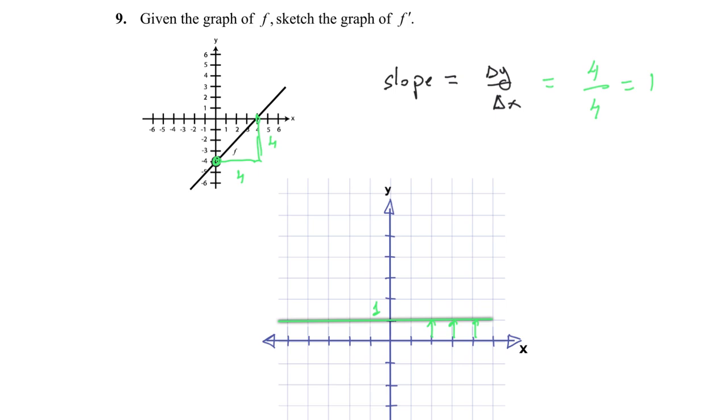The next problem says, given the graph of f, sketch the graph of f prime of x. Okay, if they give me this graph, I will do it like this. This is a rectilinear line. What is the slope? I can find the slope. I see minus 4 here, so everything here is 4. So delta y is 4, and delta x is 4.